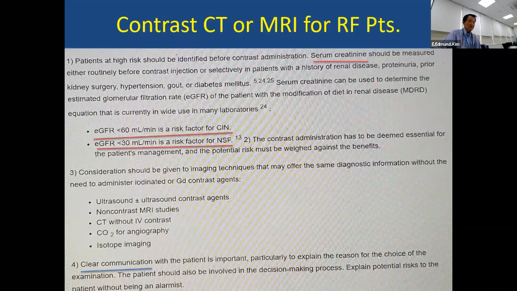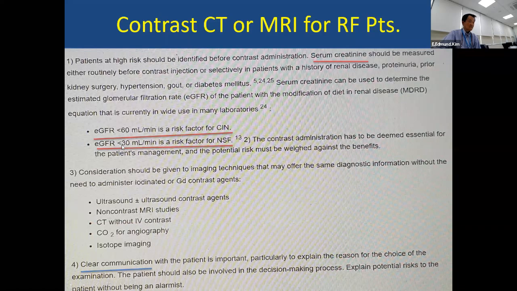And this contrast study has always been risky. So you check the patient's GFR. If that value is less than 60, there's a risk.